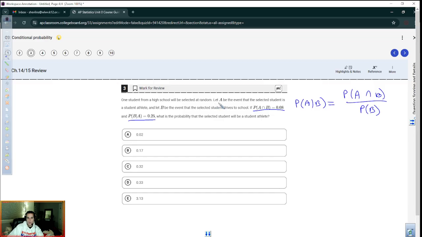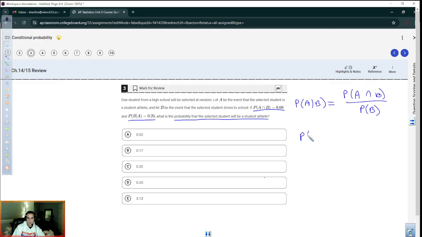They said A is that a student is a student athlete, B is that they drive to school. So this is the chance you're a student athlete and you drive to school, 8%. This is the chance that you drive to school given you're a student athlete. And then they want to know the probability that the selected student is a student athlete. That's the bottom number.